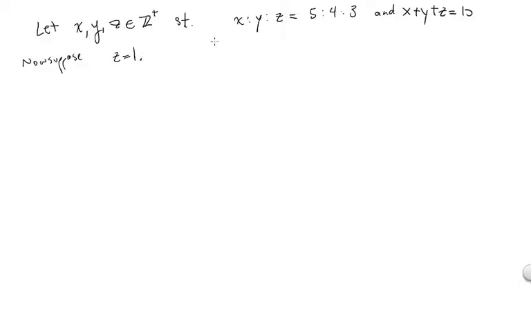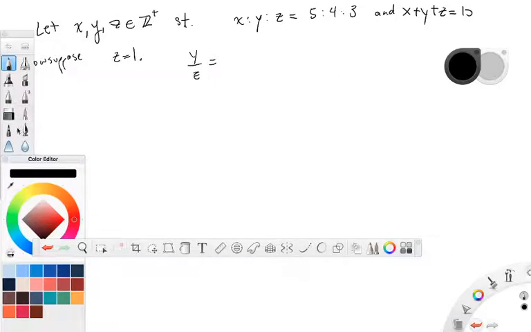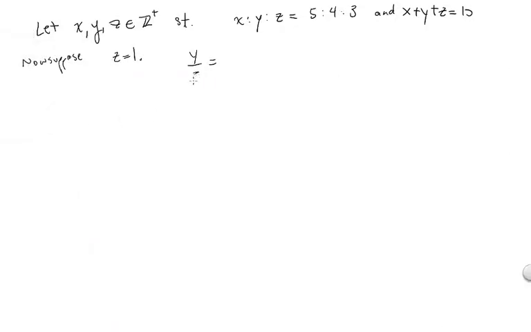Okay, that would mean y over z equals 4 over 3, but we'll just replace, let me bring up my eraser, sorry. We will replace this z here with 1.